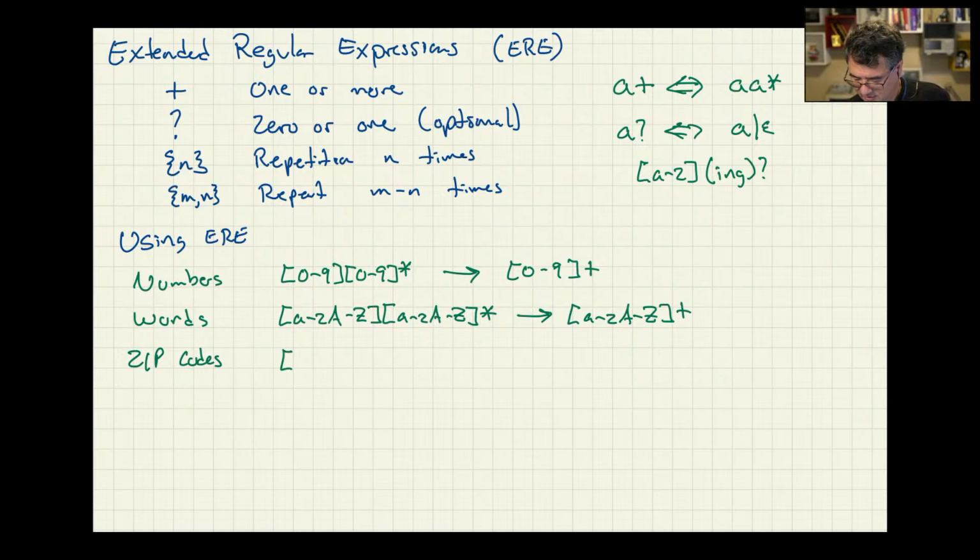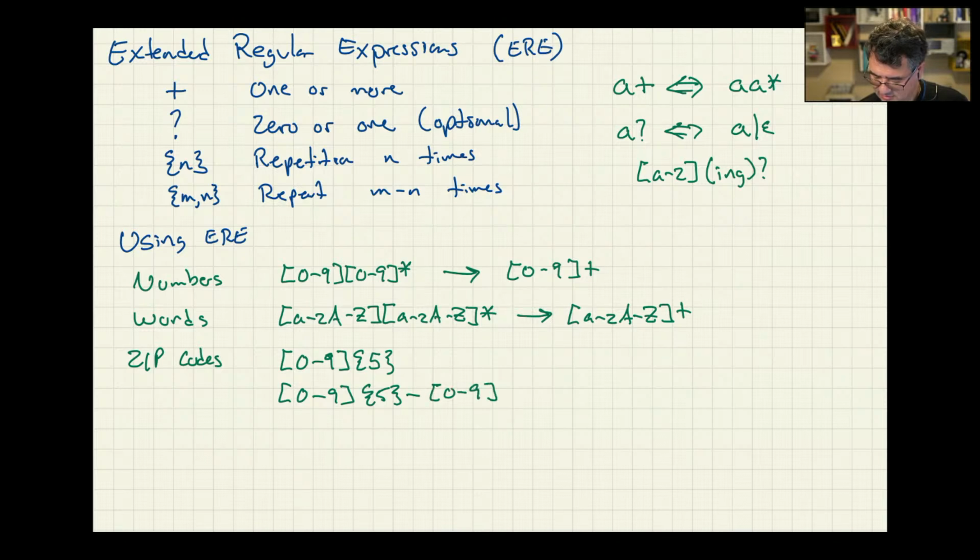We could do that as 0 to 9 repeated 5 times, or 0 to 9 repeated 5 times, followed by a dash, and then 0 to 9 repeated 4 times.